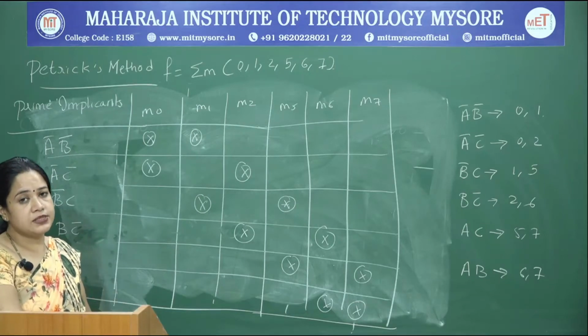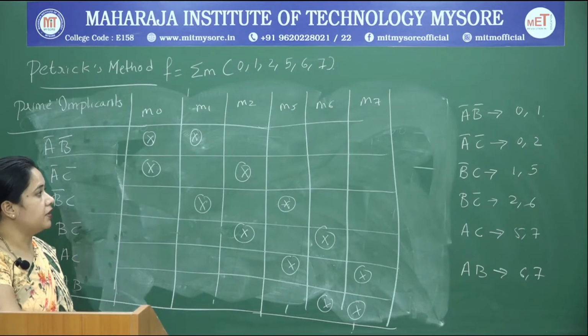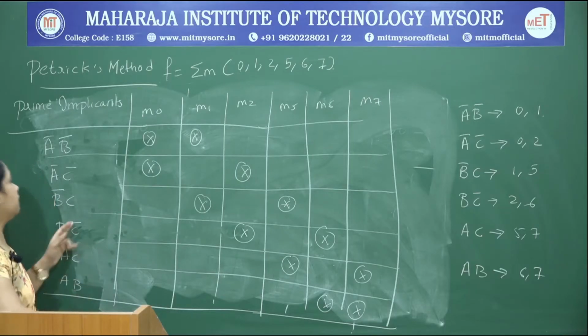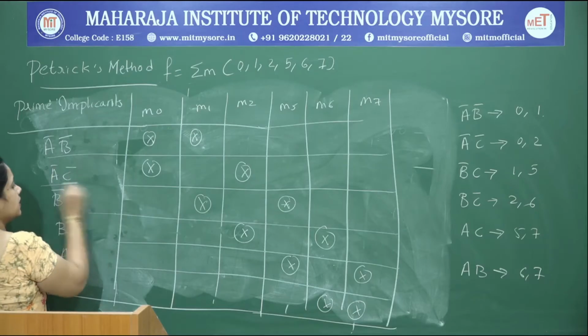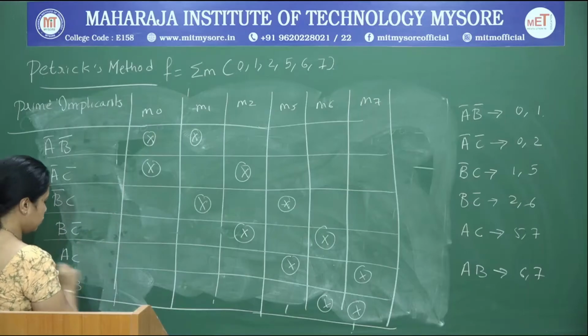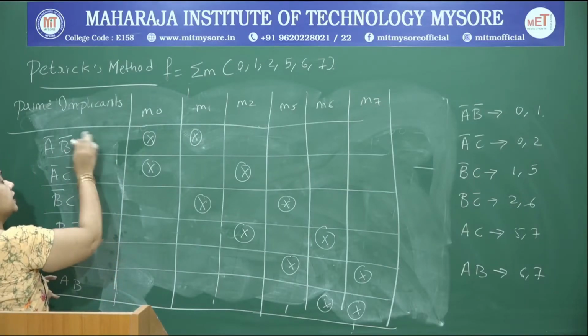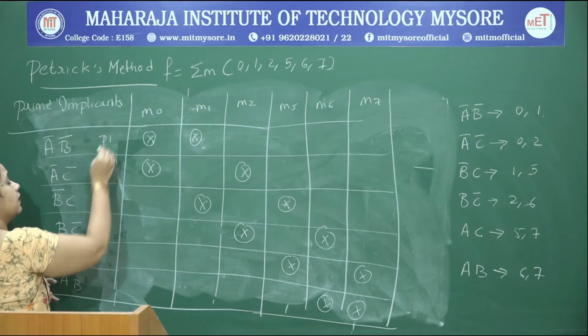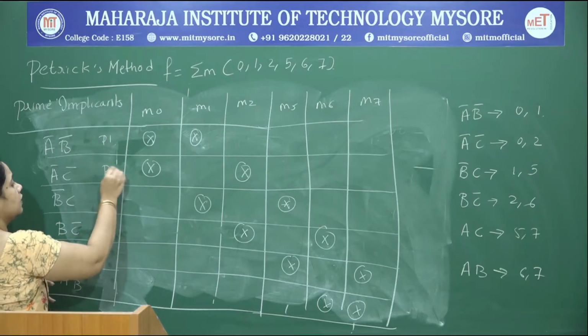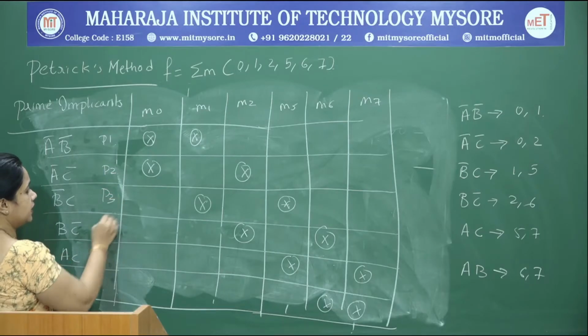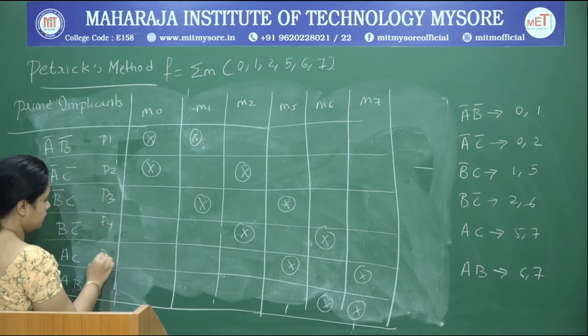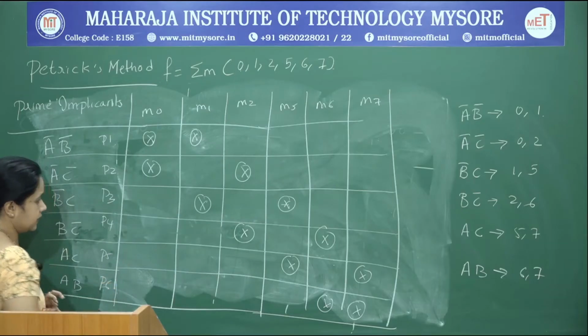So to go with a systematic approach, we apply Patrick's method. So what we do is we will designate these prime implicants. To make things simple, we designate these prime implicants as P1, we will call it P2, P3, P4, P5 and P6.